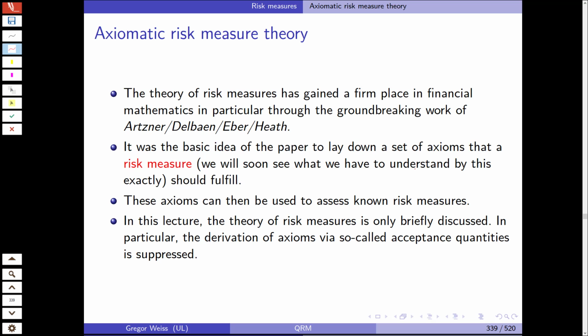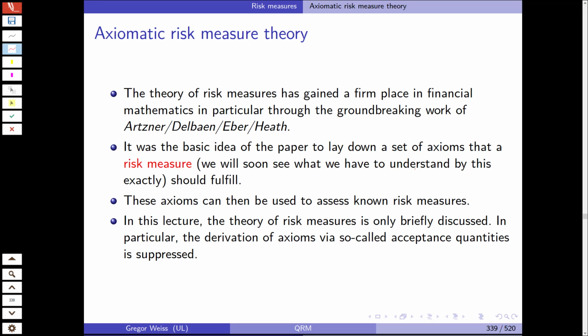Now, this theory is based on one fundamental paper by Artzner, Delbaen, Eber and Heath in Mathematical Finance in 1999 or 2000, I think. And the basic idea of the paper was to lay down a set of axioms, rules and laws that you cannot prove. You simply assume them to be right.